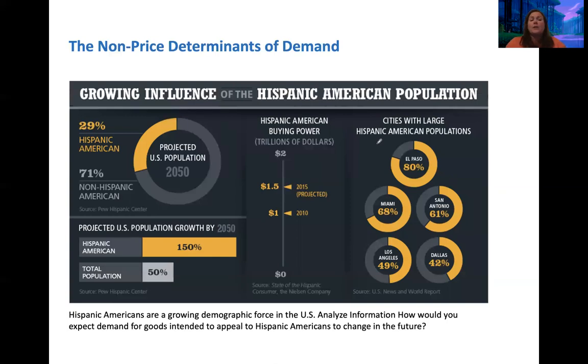Another non-price determinant would be changes in population. This infographic here shows that there's a growing influence of the Hispanic American population. It's projected to reach almost 30% of the U.S. population by 2050.